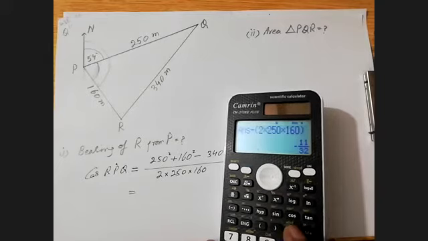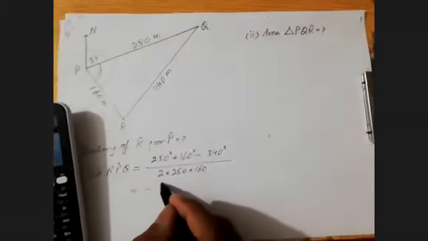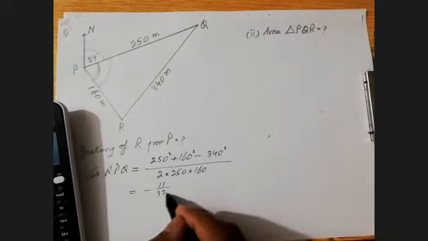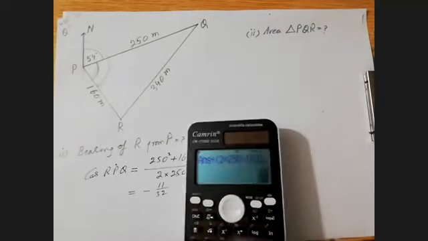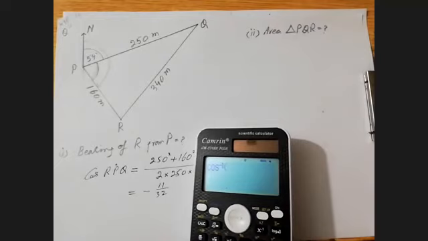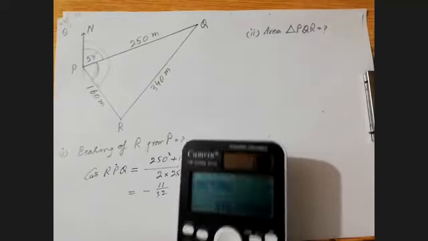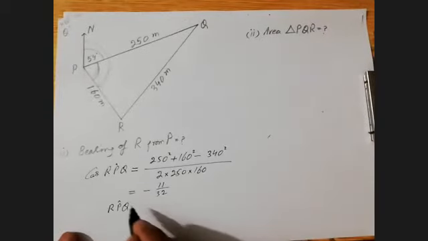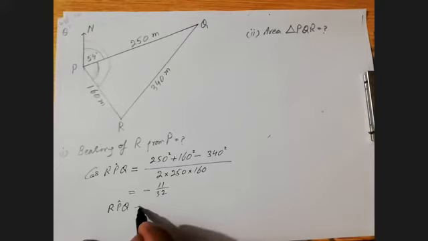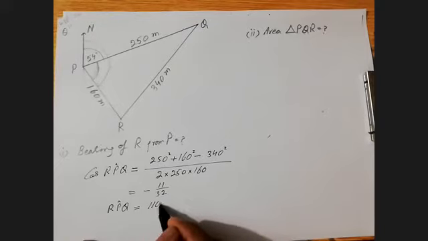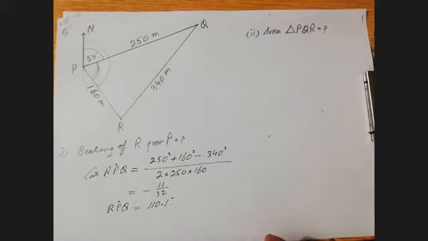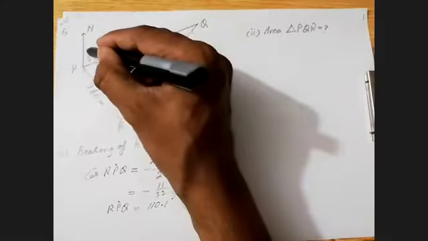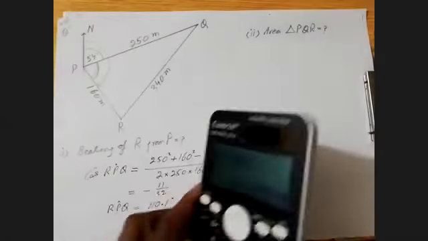I got minus 11 over 32, and inverse cos of the answer gives me 110.1. So angle RPQ is equal to 110.1 degrees. Okay, so now I can add 54.